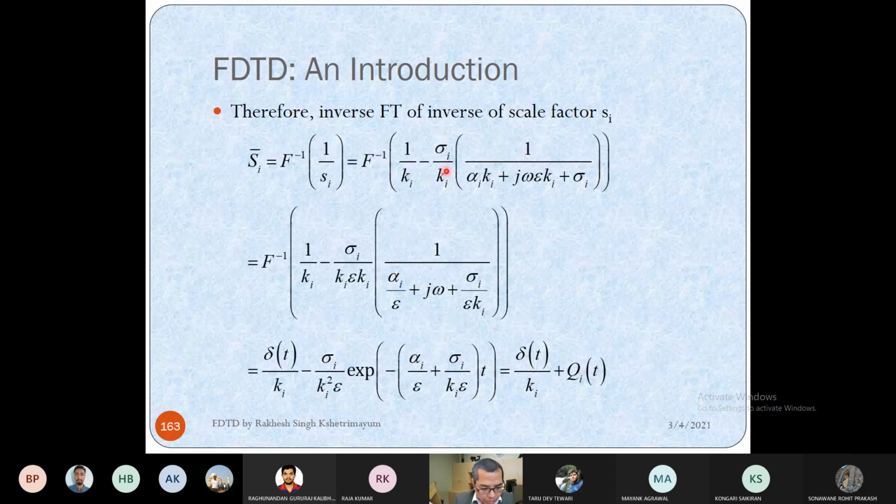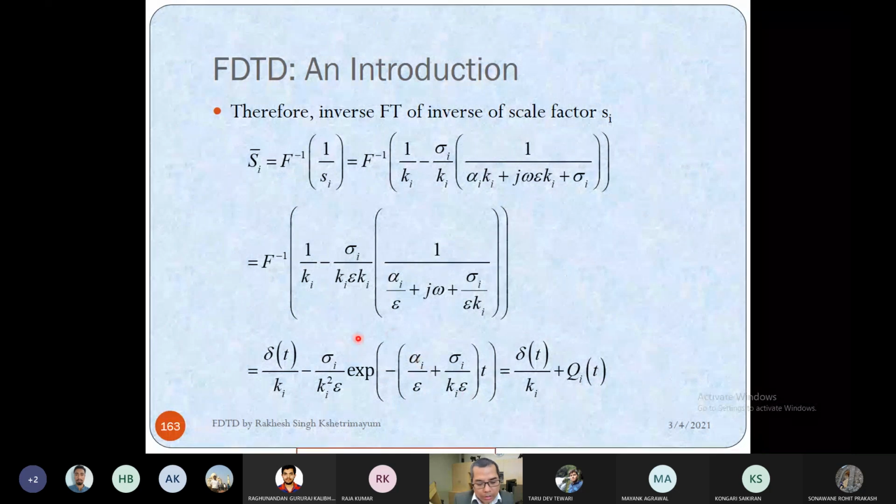Basically, you can simplify this expression, sigma I by Ki, 1 by alpha I Ki plus j omega epsilon Ki plus sigma I, in this form: sigma I by Ki squared epsilon, 1 by alpha I by epsilon plus j omega plus sigma I by epsilon Ki. Because of this frequency variable omega with some addition here, you can write this Fourier inverse as exponential of minus alpha I by epsilon plus sigma I by Ki epsilon, t.